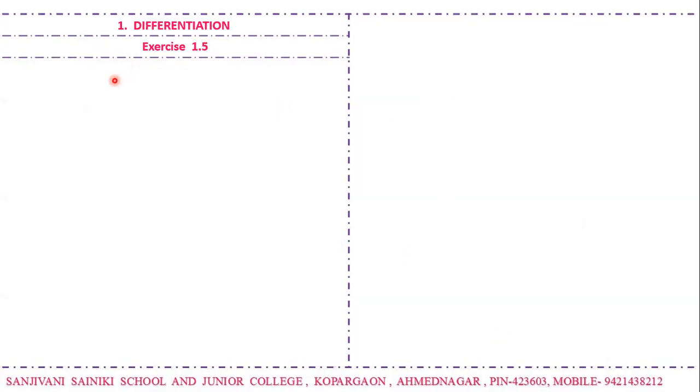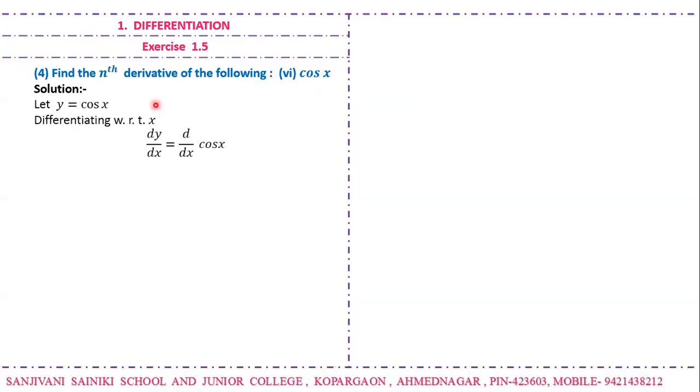Moving further, the next example is the nth derivative of the following: cos x. We have to find the derivative of cos x. Y is equal to cos x, so d by dx of cos x, its derivative is minus sin x.